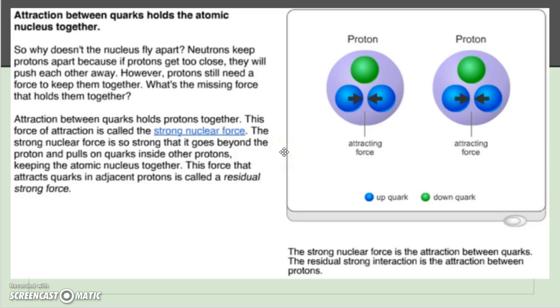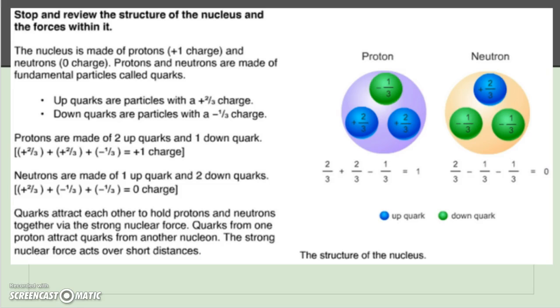And it's so strong that it goes beyond the proton, and it pulls on quarks inside other protons. And this residual force, the fact that quarks are pulling each other together, and they're so strong they're pulling quarks of the next proton together, that's the residual or the leftover strong force. And that's the other reason why your protons are going to stick together inside the nucleus.